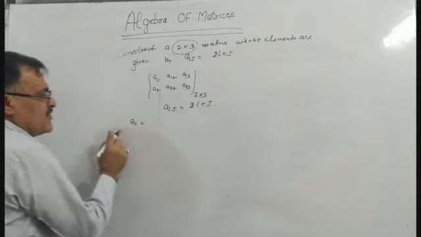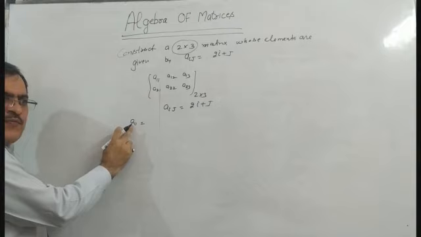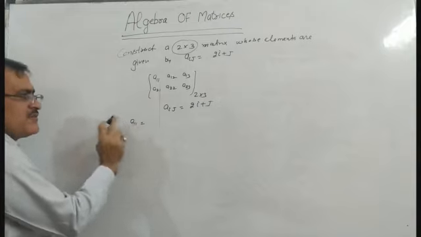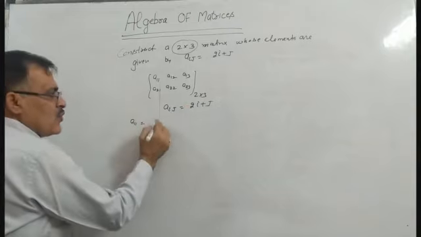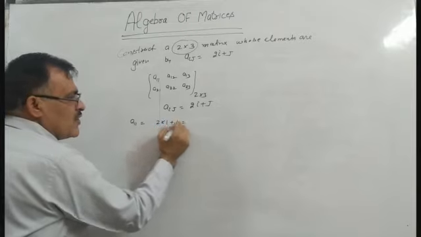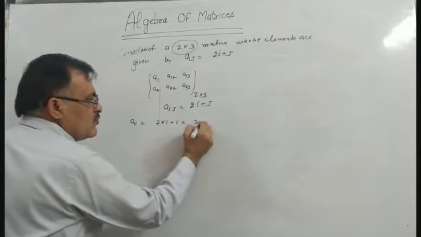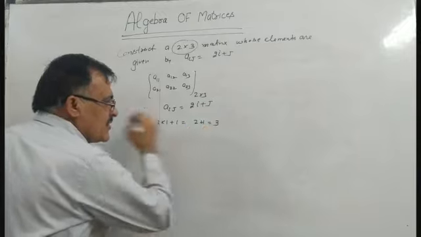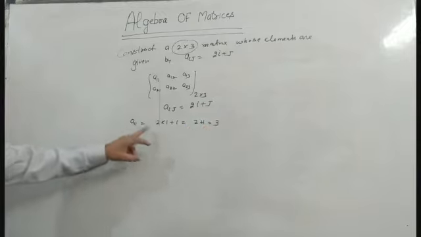A11, what does this represent? Row 1, column 1. It means put i equal to 1 here. 2 into 1 plus 1, solve it. This is 2 plus 1, we can write 3. So A11 equals 3.